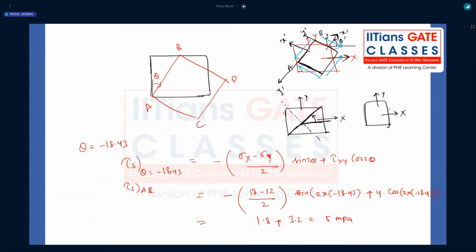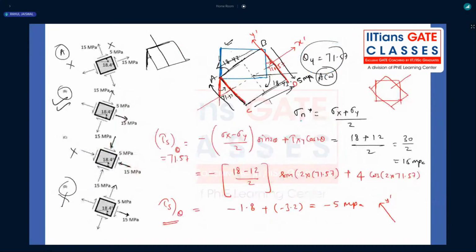So either you do it by AB or you do it by BD, you will be getting the same answer for shear stress locations and values. Check it out. But my suggestion is it is very easy to go directly like this, right? Whenever you find the locations, you just find the planes which are inclined at angle theta like this, because that will be easy for us to tilt X to X dash and Y to Y dash.